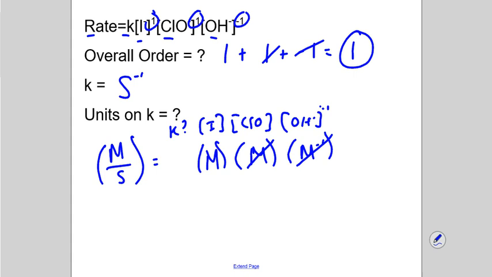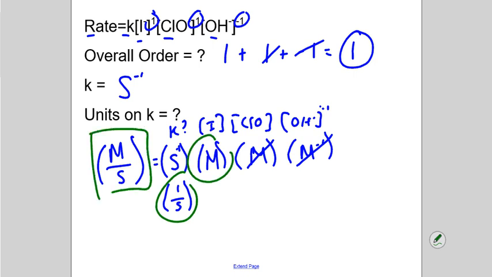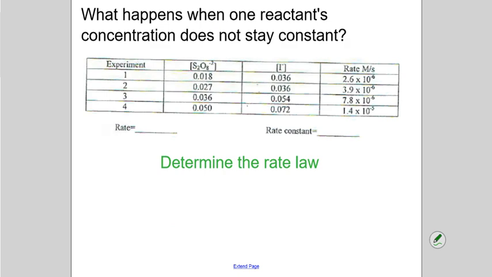So I know that K times this molarity on iodide should equal molarity over seconds. So that simply just means that K is seconds to the negative first, or that's the same thing as saying 1 over seconds. Those two together will get me that unit. So we'll talk some more about how I figure out those units in a second here.